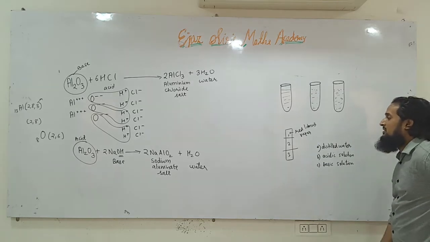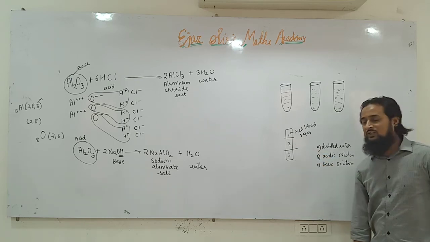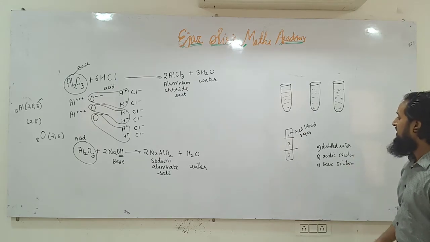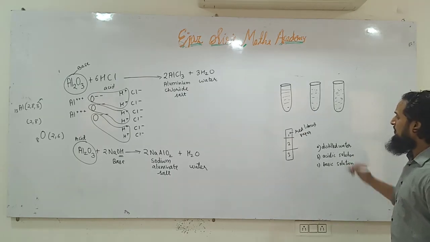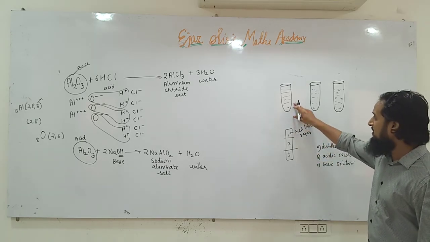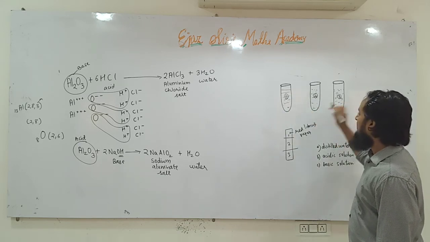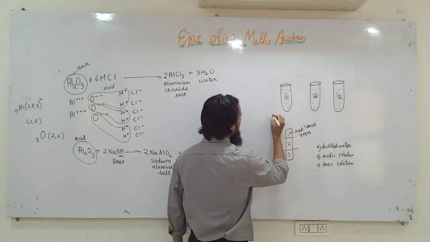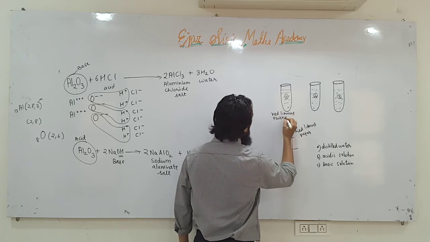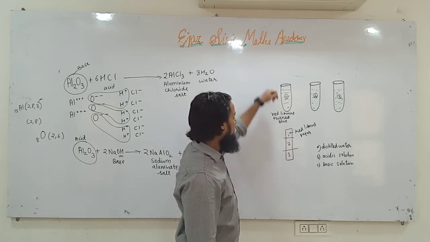So what will happen? Out of these three strips of litmus paper, one will turn blue. Suppose the first strip turns blue: we dip 1 here, 2 here, and 3 here, and in 1 the red litmus turned blue. We divided it into 3 strips and dipped each strip.